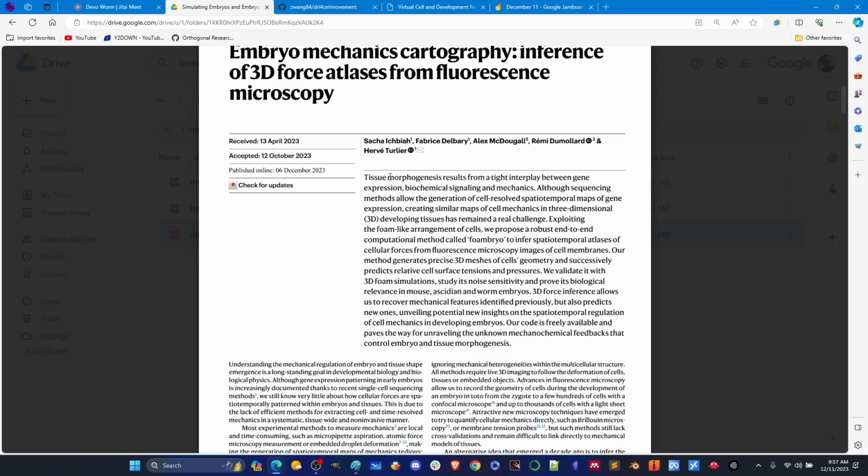The abstract reads: tissue morphogenesis results from a tight interplay between gene expression, biochemical signaling, and mechanics. Sequencing methods allow the generation of cell-resolved spatiotemporal maps of gene expression. Creating similar maps of cell mechanics in three-dimensional developing tissues has remained a real challenge.